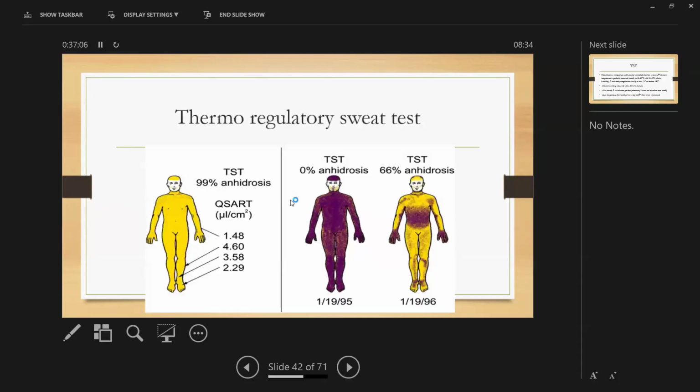What we are checking here is this: we coat the patient with some dye, like alizarin, or iodine starch, or cornstarch. If there is normal sweat production, the sweat will change the color of the dye. So with normal sweating, the yellow color will change to purple.